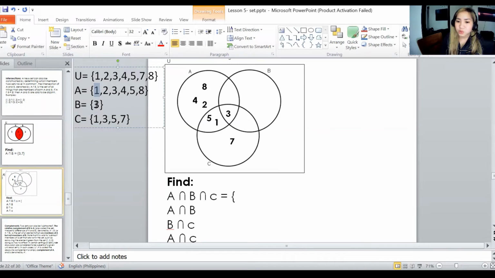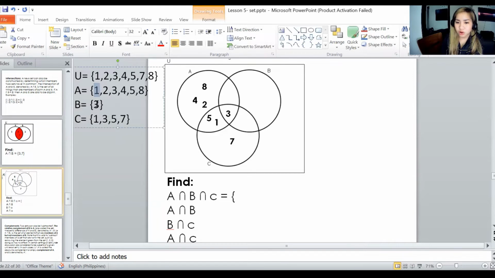Ayan. Wala pong 1 sa B pero meron sa C. Kaya hindi siya kasama sa intersection. Again, ang intersection is kapag meron po sa set A, tapos meron din sa set B, tsaka meron din sa set C. Kapag tatlo yung given set.